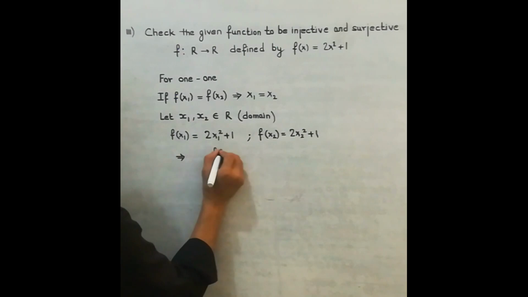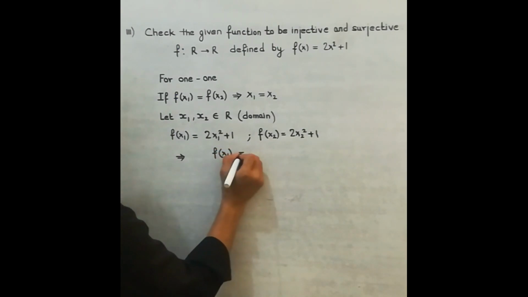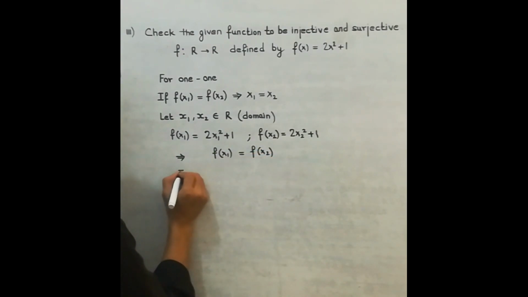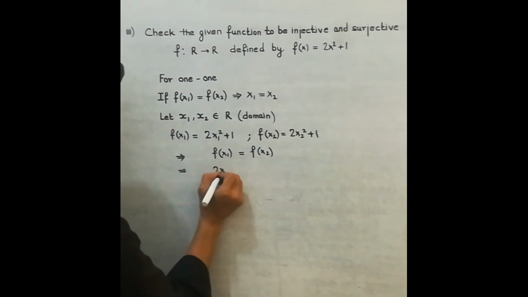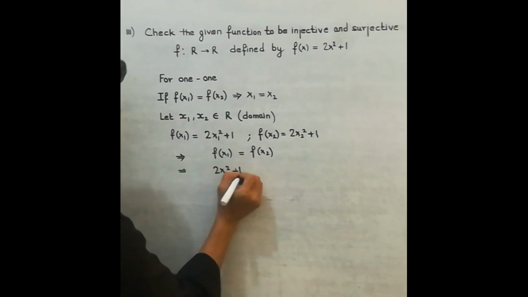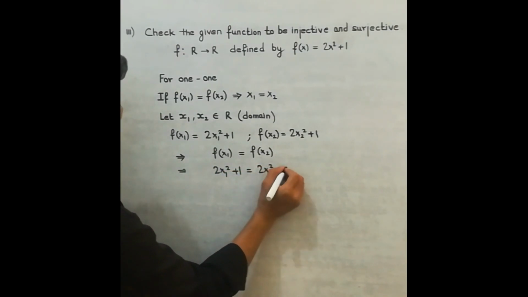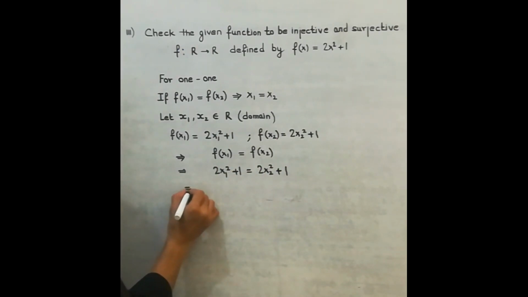So equating these two, 1 and 1 will cancel out.